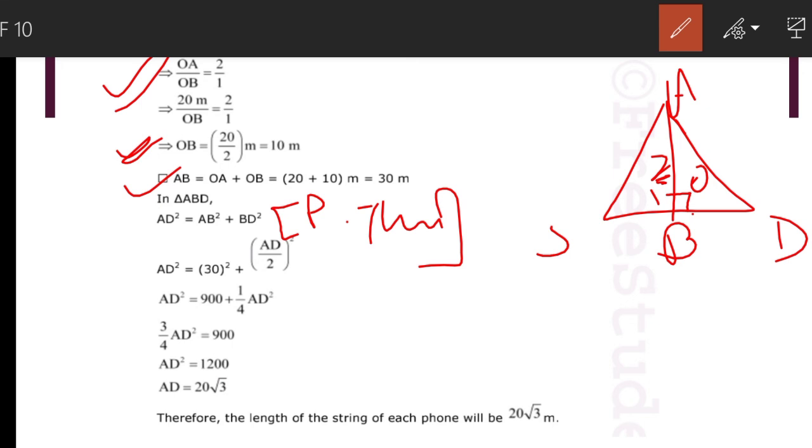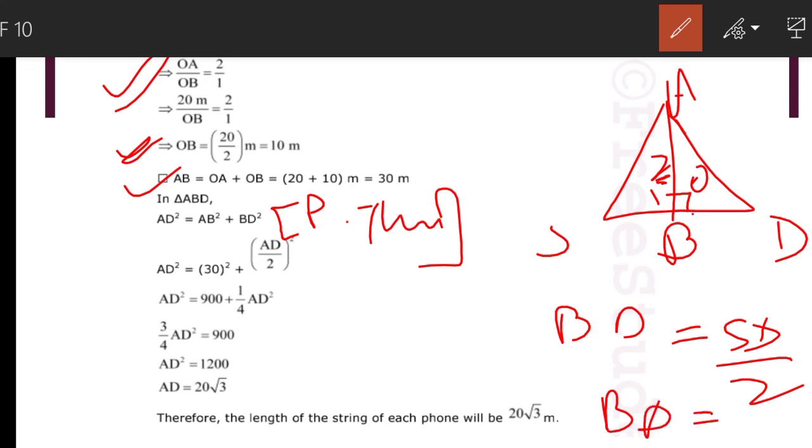AB is 30 and BD can be written as SD by 2, and since it is an equilateral triangle, SD and AD are the same, so BD is equal to AD by 2.